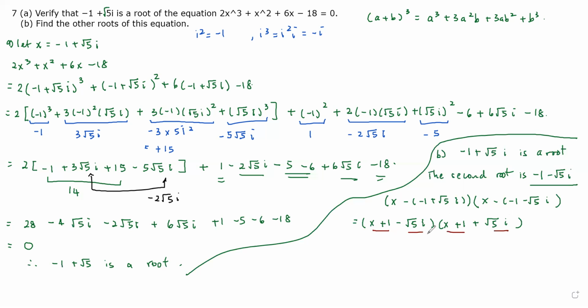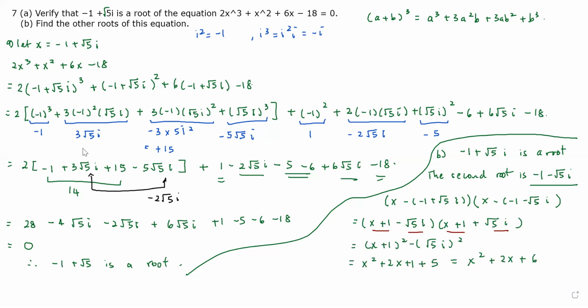So we have a minus b, a plus b, then that forms x plus 1 squared minus the square of square root 5i. And we have x squared plus 2x plus 1. 5i squared is positive 5, so we have x squared plus 2x plus 6 as the quadratic factor.